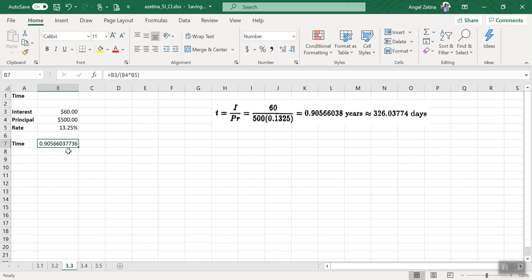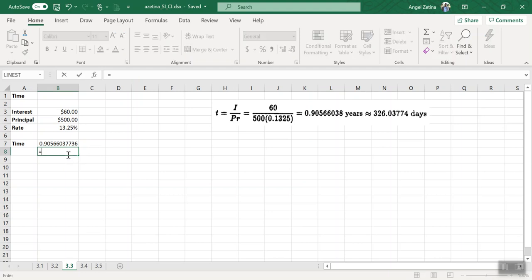So to get the time in days or approximate days, we're going to multiply this by 365 or 360, depending on the rate. So let's multiply it by both. Right, so let's get it in days.